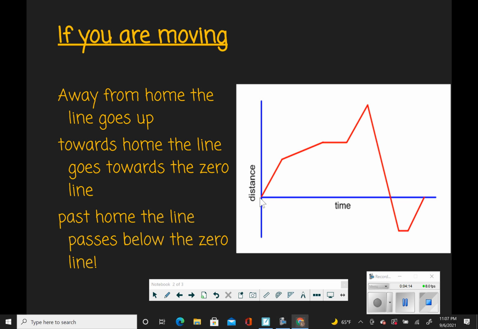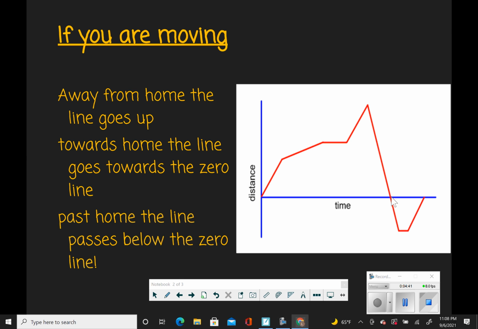So what this graph is saying is the object is moving away from home. It slows down a little bit. It continues to move away from home. Slows down, stops. Flat line is stops. Then it starts moving very fast away from home. Then it suddenly turns around and starts going back towards home.